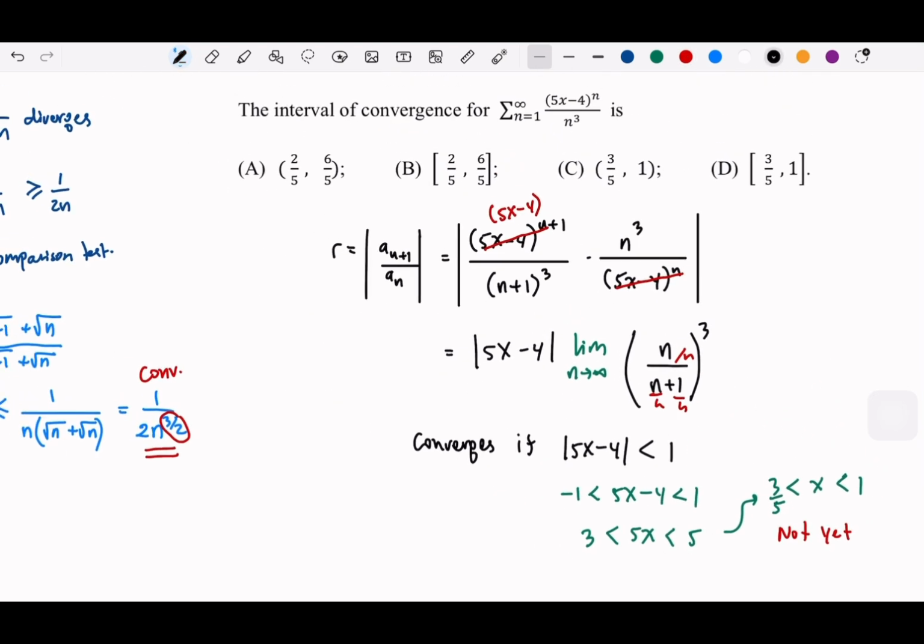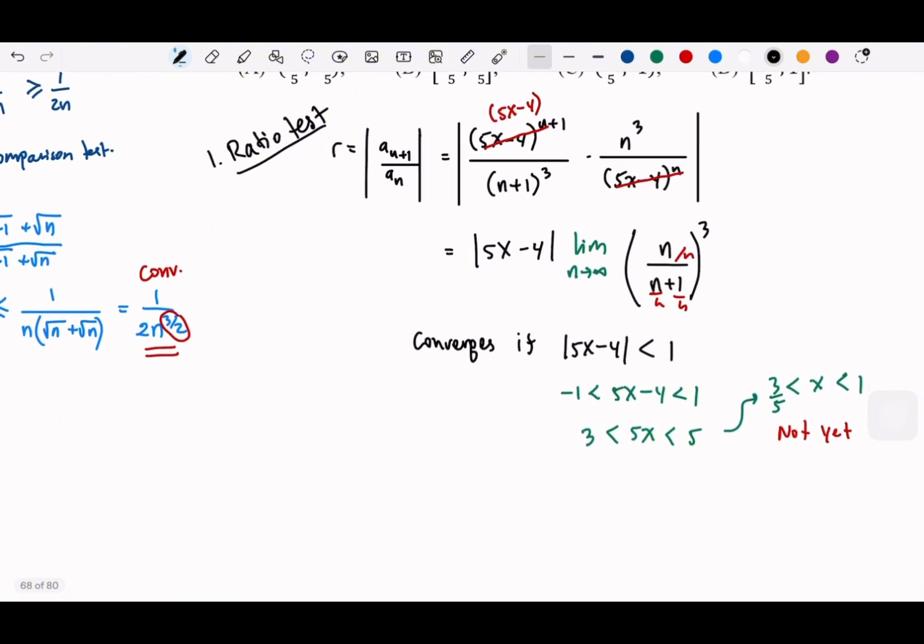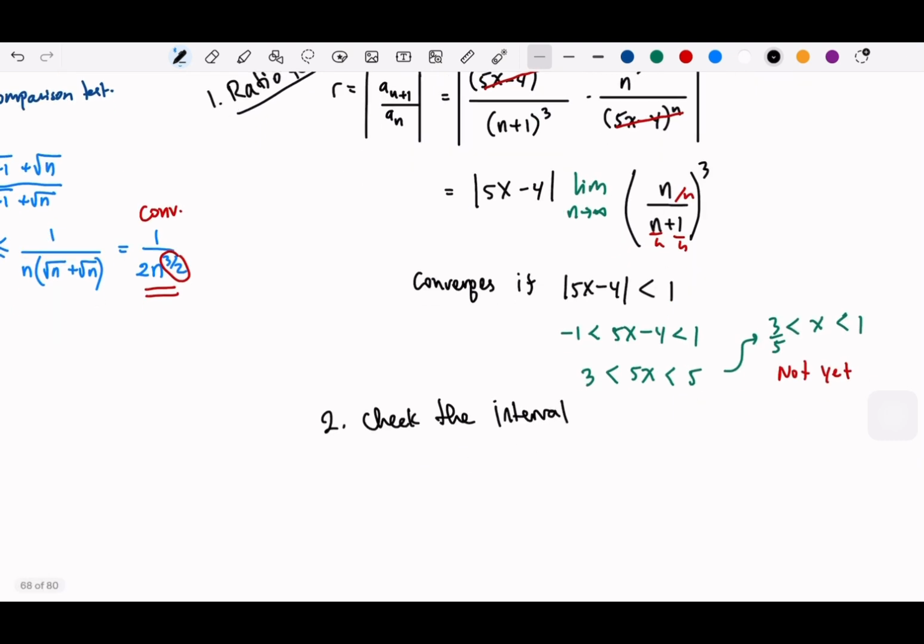So let me write here, just to give you the notes: the first is the ratio test, and the second is check the interval. So check when x is 3 over 5 and check when x is equal to 1. How to check?